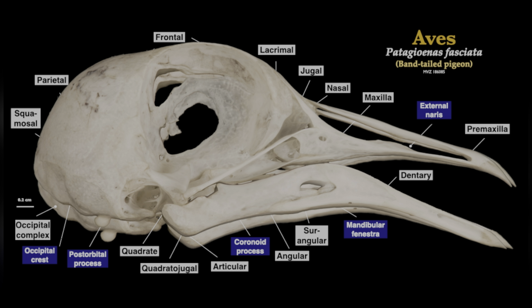The squamosal part is to the side of the back, and that all comes together to create a very strong but also very lightweight system to protect the bird's brain, and that's very important for every bird's way of life.